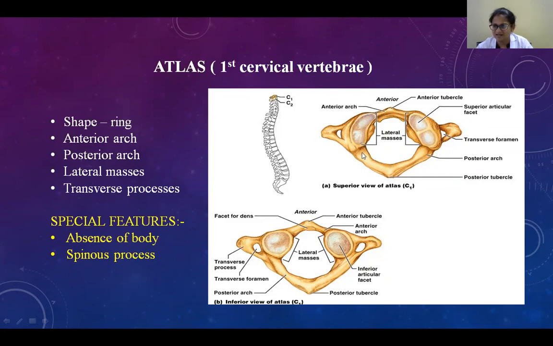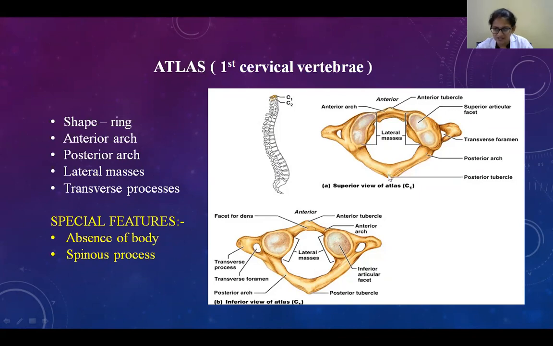Just behind the lateral mass, these two being the lateral masses, in the upper surface you are going to see a groove. This groove lodges the vertebral artery.